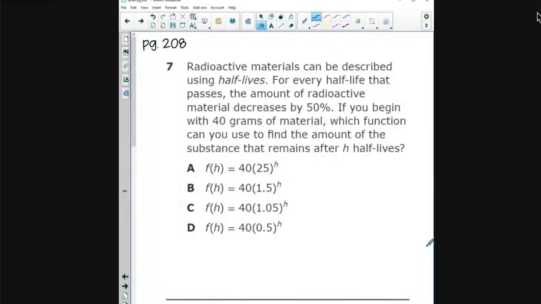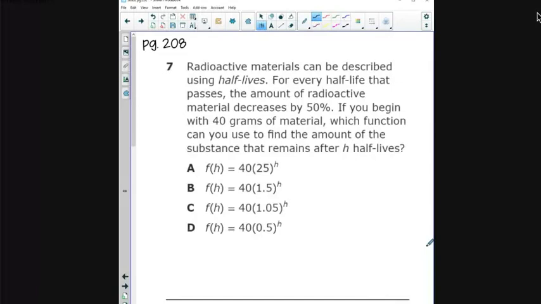Okay, so we are now on page 208, number 7. It says radioactive materials can be described using half-lives. For every half-life that passes, the amount of radioactive material decreases by 50%. If you begin with 40 grams of material, which function can you use to find the amount of the substance that remains after h half-lives?